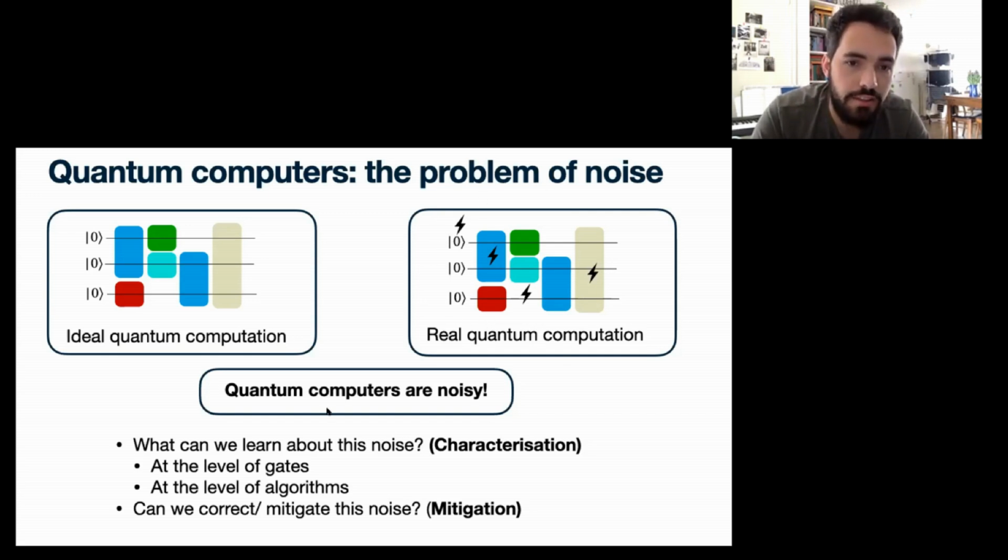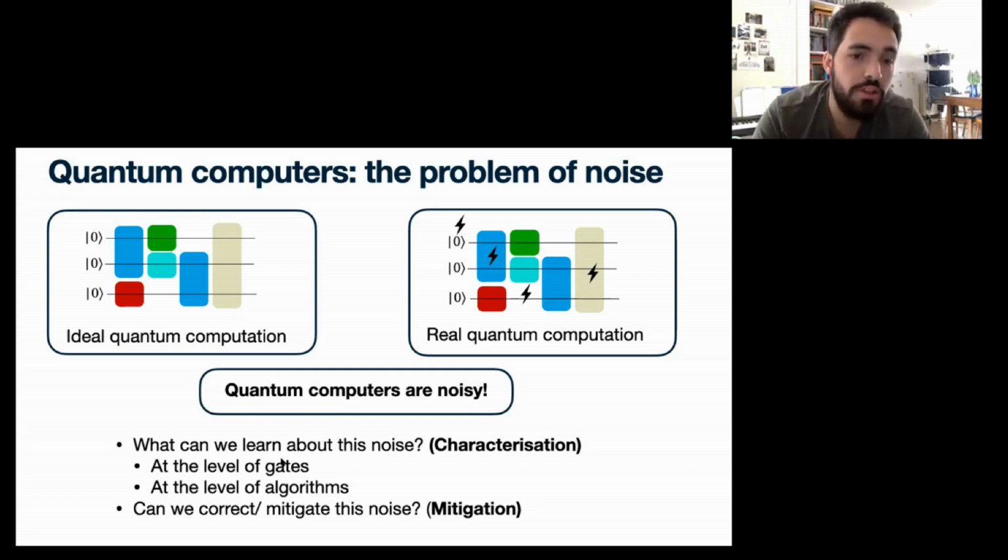Like, what is the effect of underlying noise at the level of a gate? Maybe it gives some probability of failure, or maybe it does something slightly different. And what does it do at the level of an algorithm? If I try to run a quantum algorithm on a noisy computer, how does this noise, whose detailed physical form I may not care about exactly, affect the outcome of my algorithm?